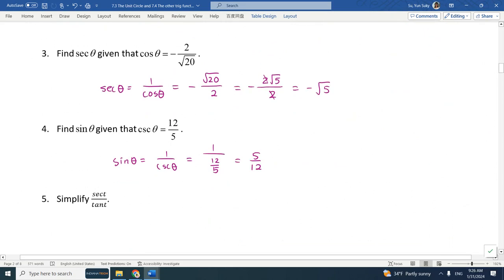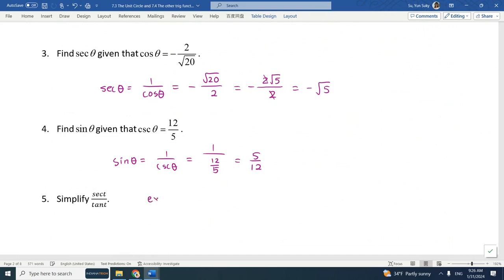Simplify. So usually if the problem asks you to simplify some trig functions, what does that mean? One way is you can express in terms of sine and cosine. We're more familiar with sine and cosine. And all the other trig functions can be expressed in terms of sine and cosine.